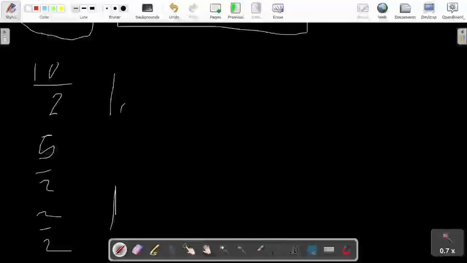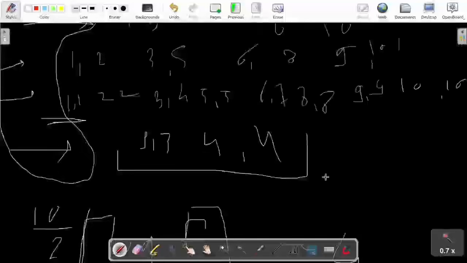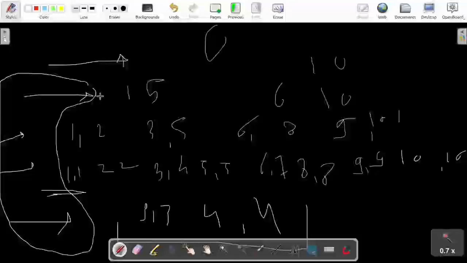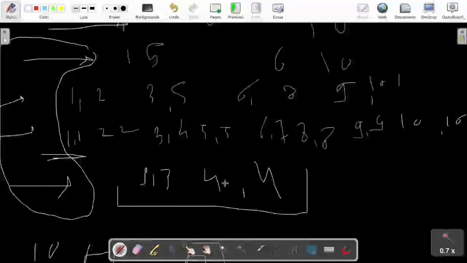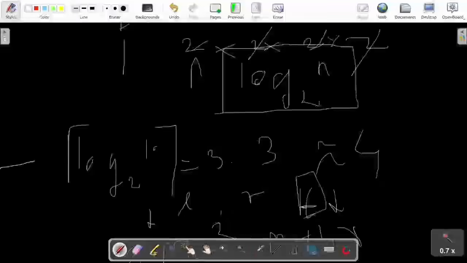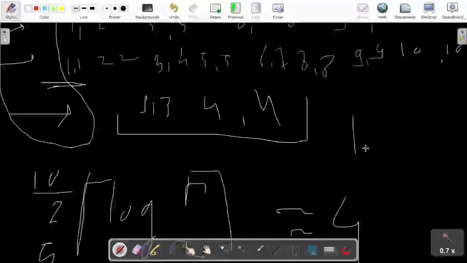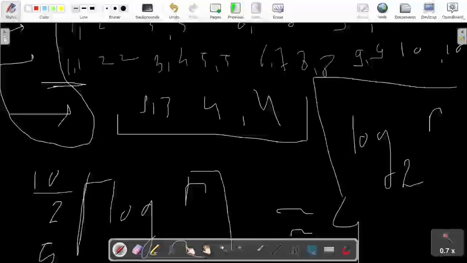But as I told earlier, for non-powers of 2, you have to take the ceiling value, which comes out to be 4. And you can see here, we divide this range at max 4 times. You cannot divide it more than 4 times. That's why for numbers like 10, which are not a power of 2, we consider this formula with the ceiling. And for normal powers of 2, you can simply write log n to the base 2.